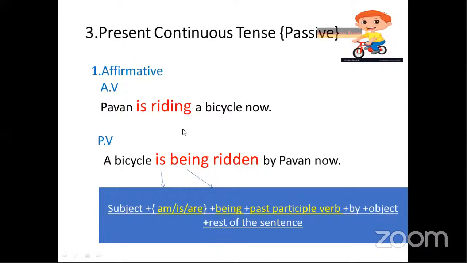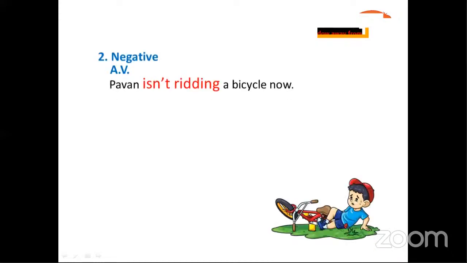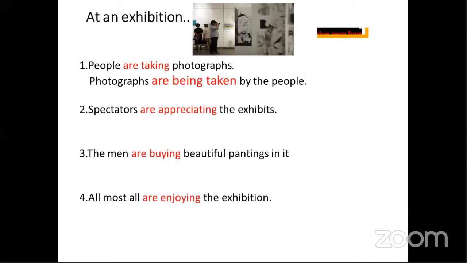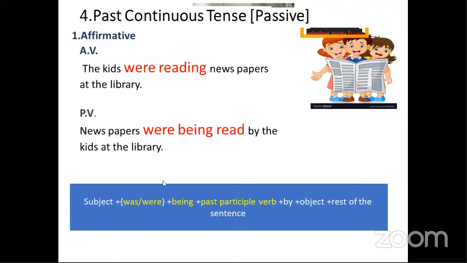This is with regard to the present form. Then how is the past form? Just to remind and recall what we have learned so far. What's the structure? With the subject, was, were, the past be verbs, and being, past participle verb, they continue as the same.